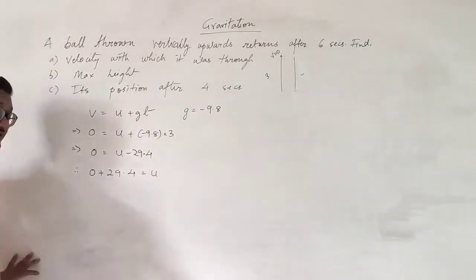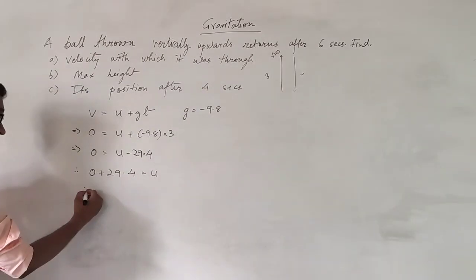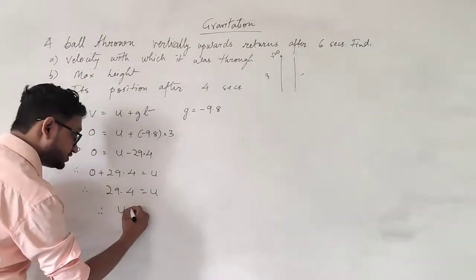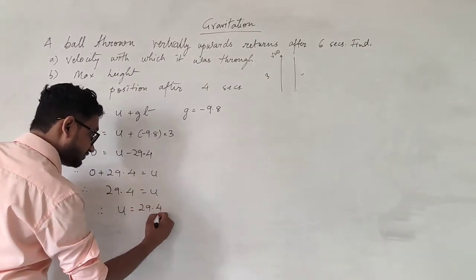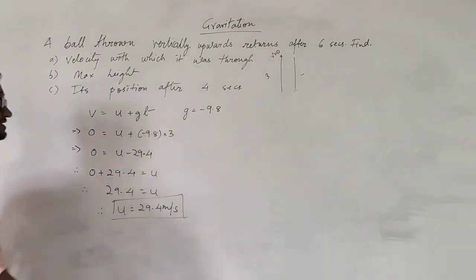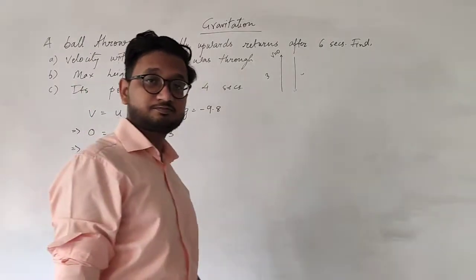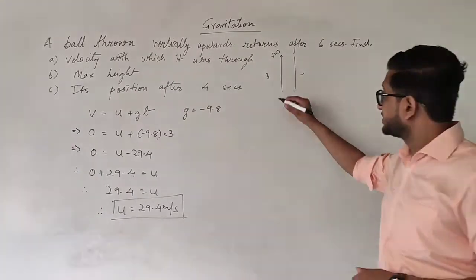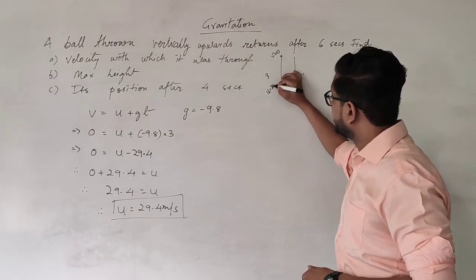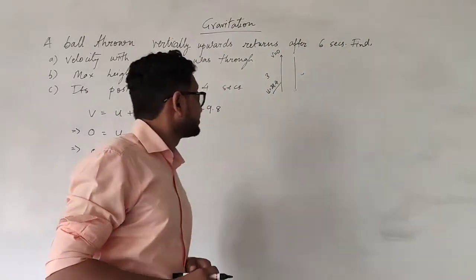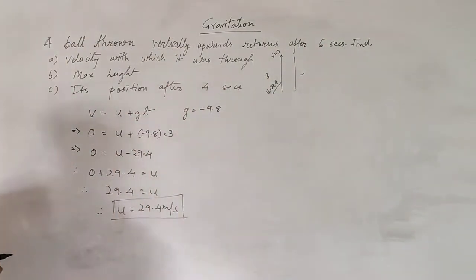And 0 plus any number is the number itself, therefore your answer is u equals 29.4 meters per second. This is your initial velocity.